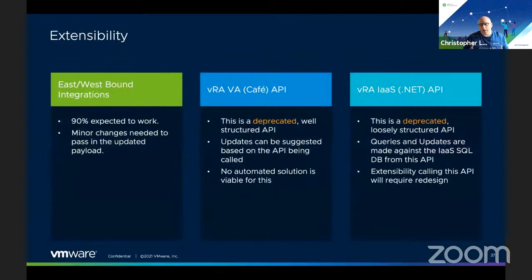Extensibility is a really hot topic. Essentially, if you forget about the APIs for VRealize Automation 7, we would expect somewhere between 85 and 90% of your workload or your workflows to work in 8 if they work in 7, especially if they're using out-of-the-box functionality.